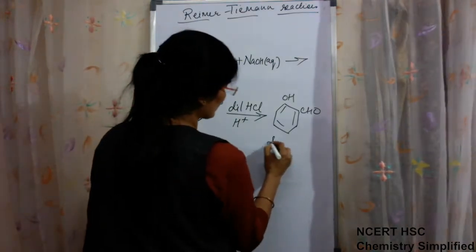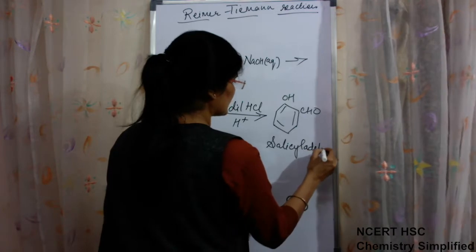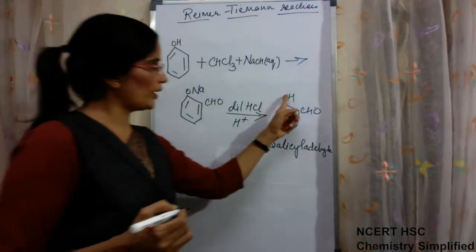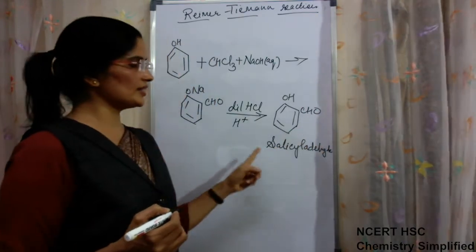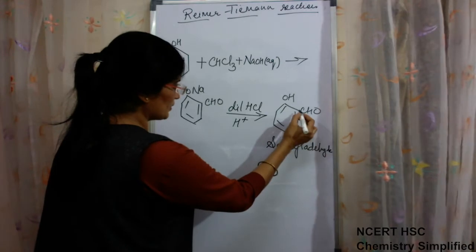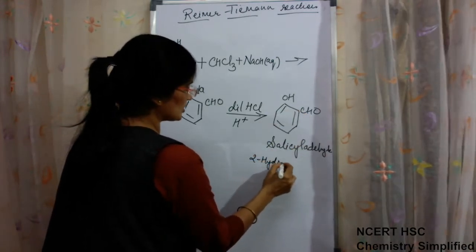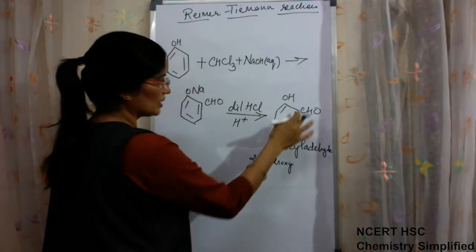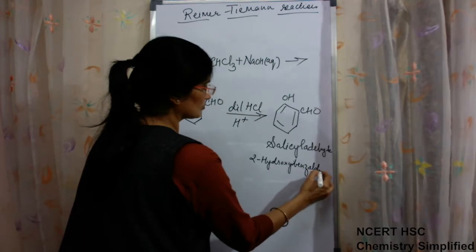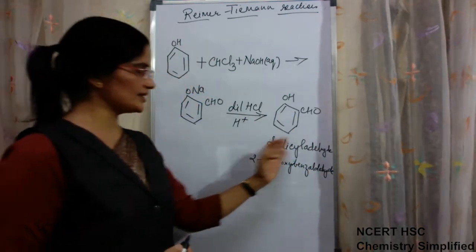This is your salicyl aldehyde. If it is OH and COOH here, then it is known as salicylic acid. The IUPAC name is 2-hydroxy benzaldehyde, or salicylaldehyde.